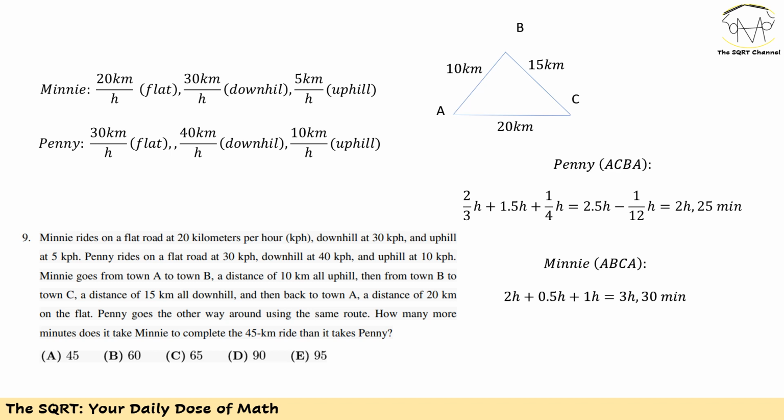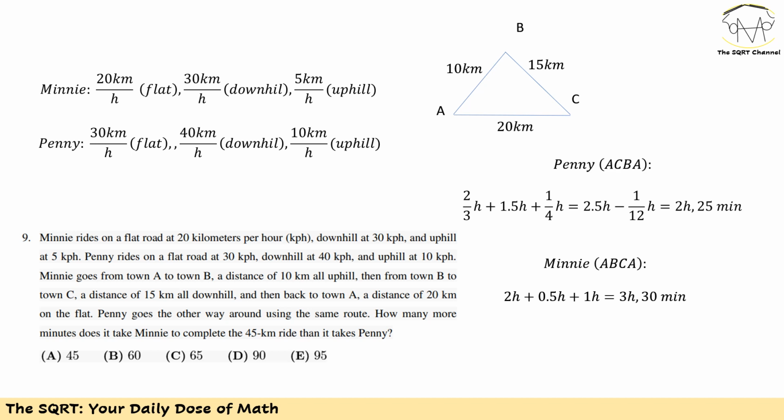And then we have AC here, 20 km, and we know that it's going to take 1 hour for Minnie to go from C to A. So overall, it's going to take 3 hours and 30 minutes to go from A to B, B to C, and C to A, and that's the total time for Minnie.